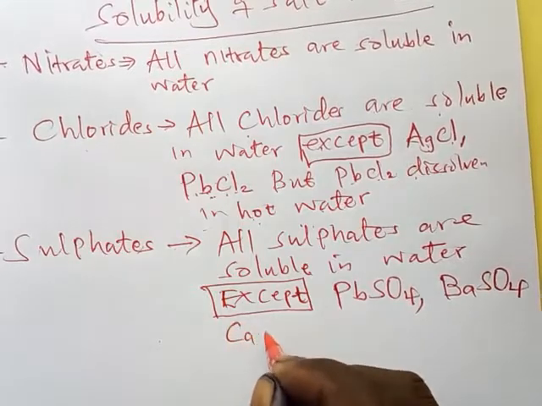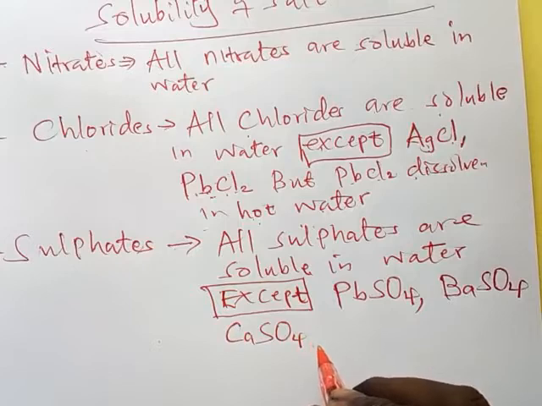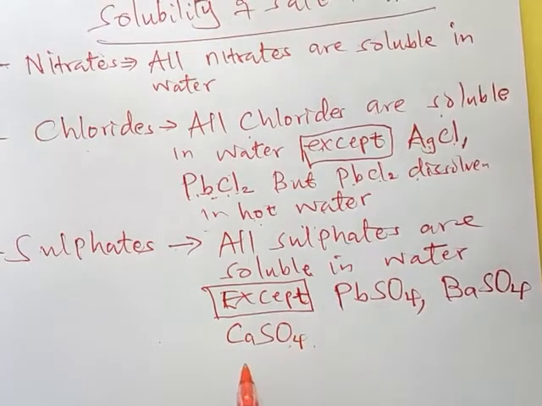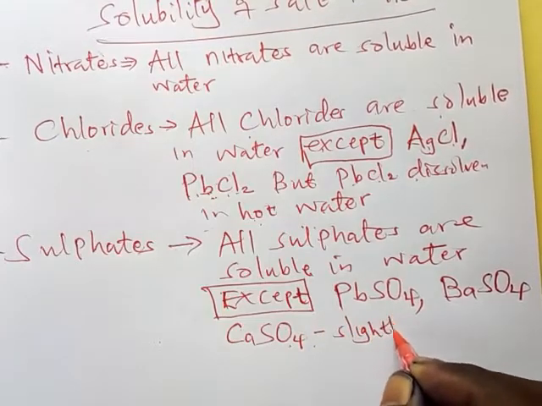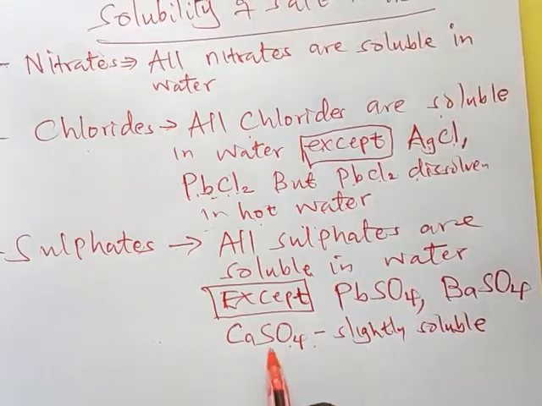But calcium sulfate is insoluble in cold water. It is so insoluble, but it is just slightly soluble. If you dissolve calcium sulfate in water, it forms a white precipitate, but it is slightly dissolved.